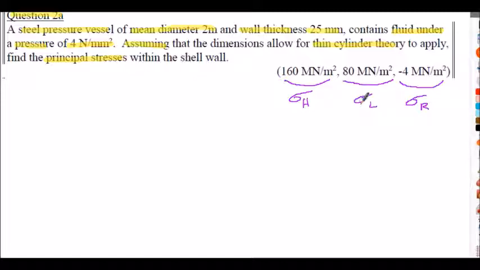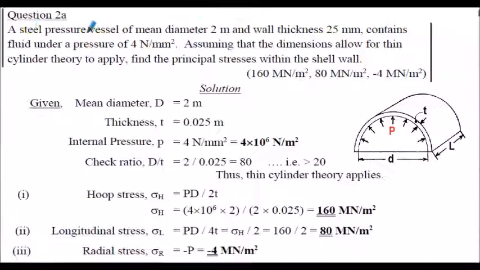Okay, so it's just a question of applying PD upon 2T for the hoop stress, PD upon 4T for longitudinal stress, and just stating that the radial stress is equal and opposite to the applied pressure. Question 2A, solution. Extracting the information from the question, the diameter is 2 meters. The wall thickness is stated as 25 millimeters.